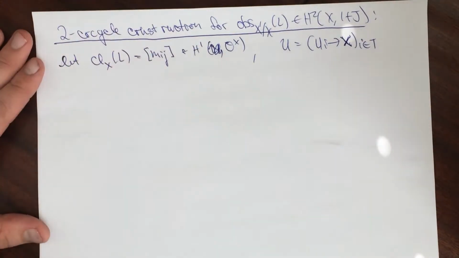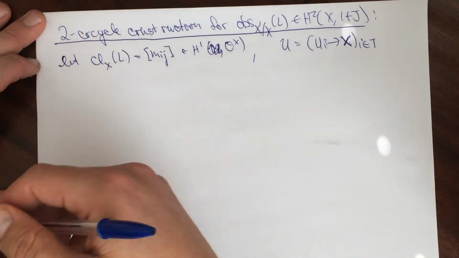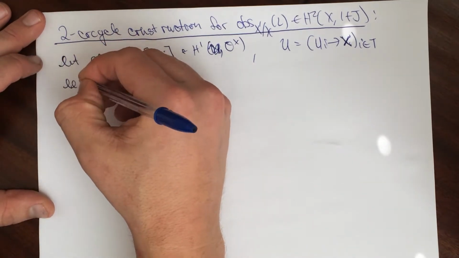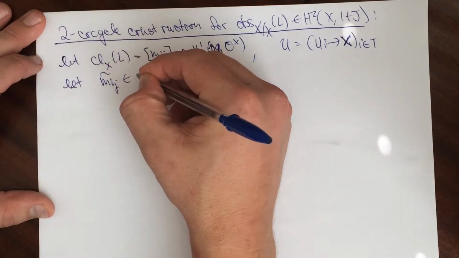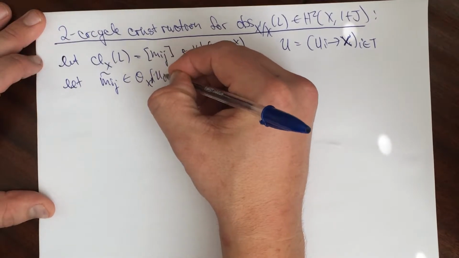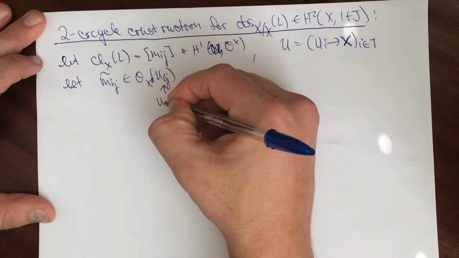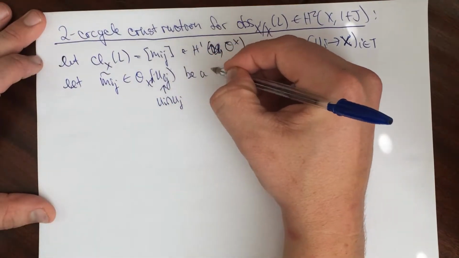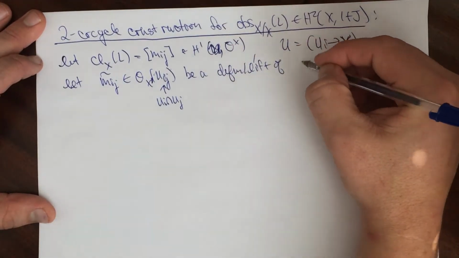Okay, and so what we're going to do to construct this class is construct a cocycle that represents this class, and then go forward proving the properties. So for each i and j, we're going to let Mij tilde in O_X prime of Uij, where again Uij is Ui intersect Uj, be a deformation or lift of Mij.